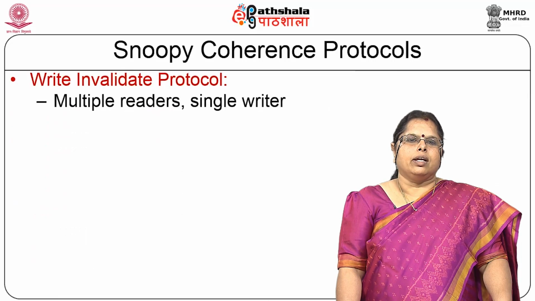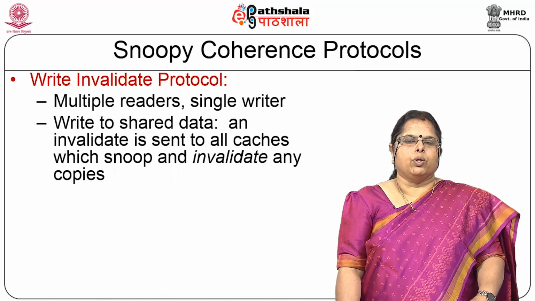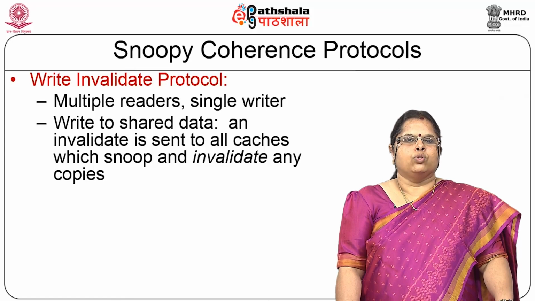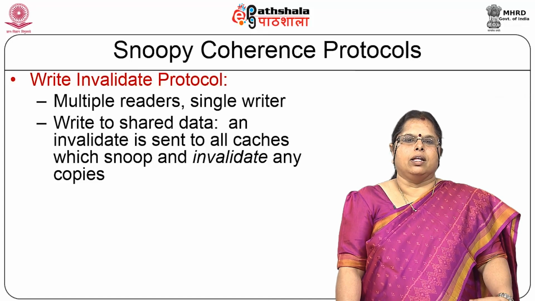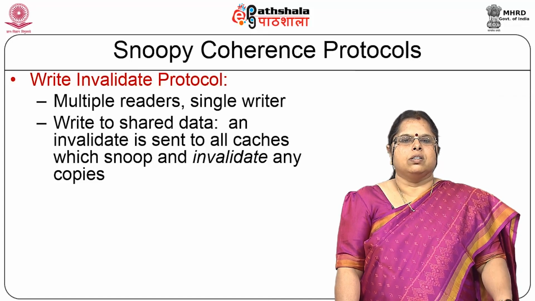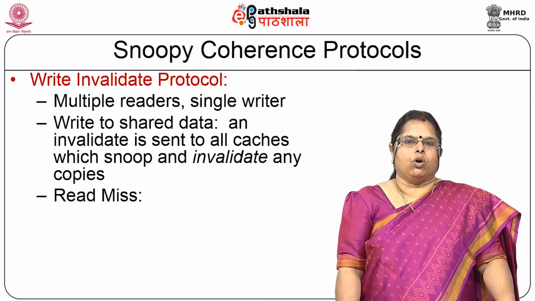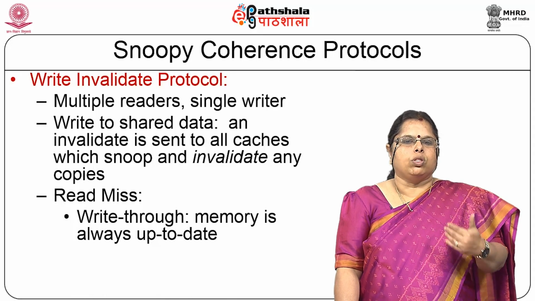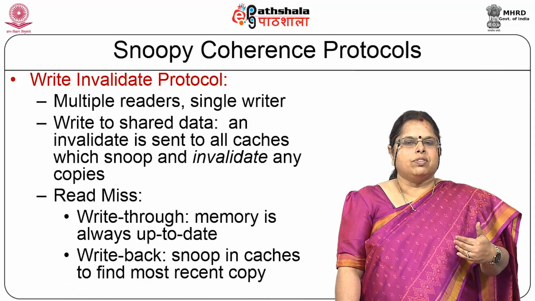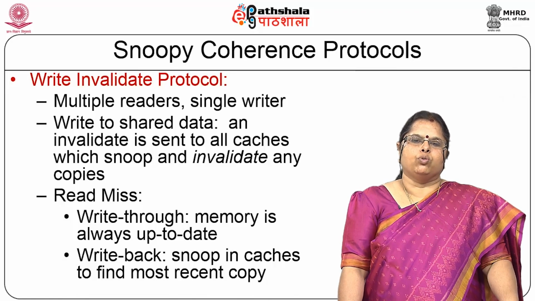So, if you look at the write invalidate protocol, you basically have multiple readers, but you can have only a single writer. So, a write to a shared data will have to be done by sending an invalidate to all caches, which snoop the activity going on in the bus and they will invalidate all their copies. And if you have a read happening, if it is a write through, you know the memory is always up to date. If it is a write back, then you will have to snoop in the caches to find out the most recent copy.